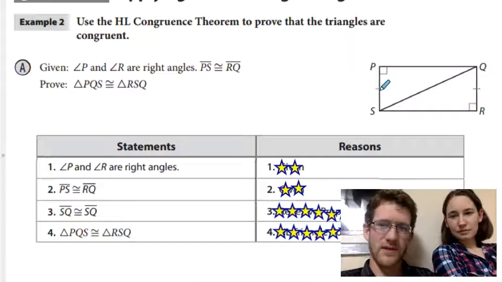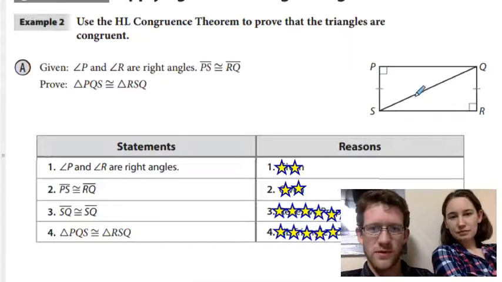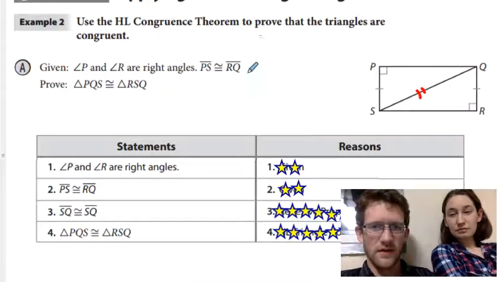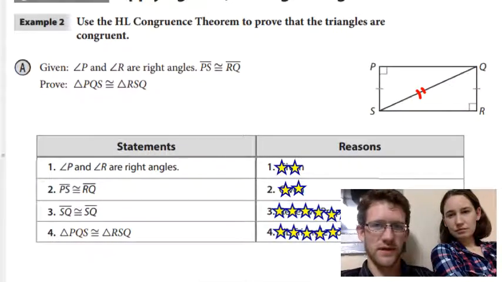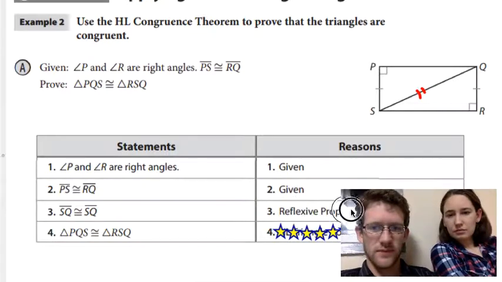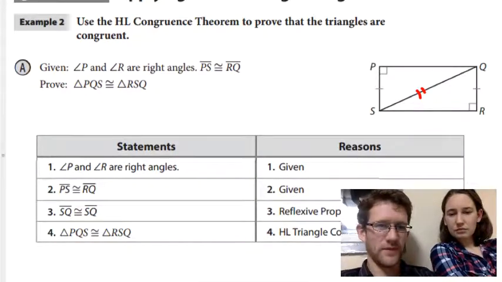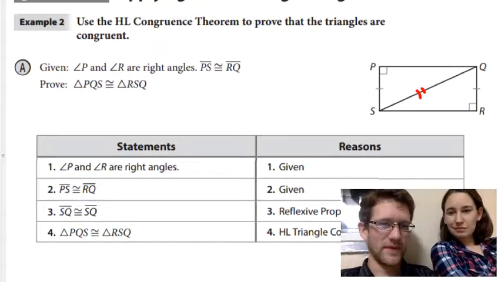Maybe I should think of reflexive property. And at some point in this proof, we may say that SQ is congruent to SQ. I'll put a double mark. Since we have a hypotenuse, we have a leg of two right triangles, we can say they're congruent. In fact, that was already in your book.